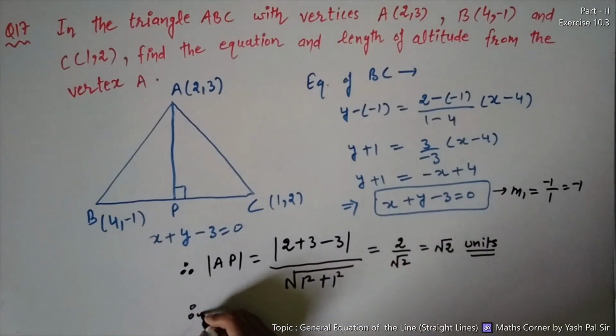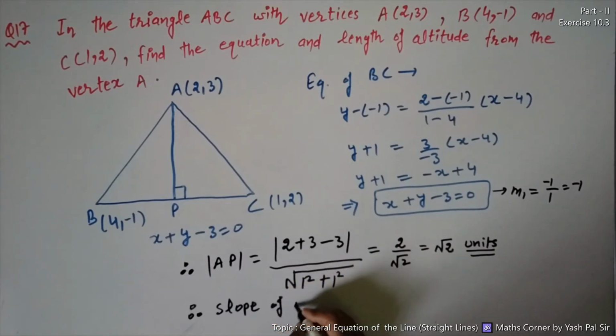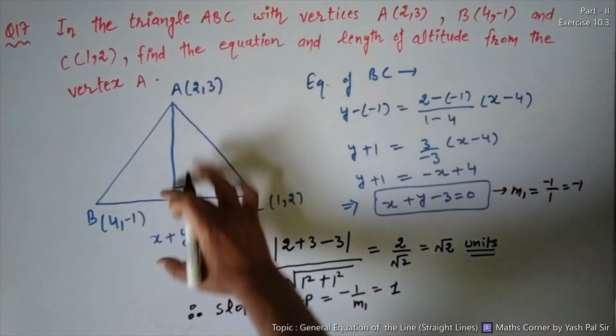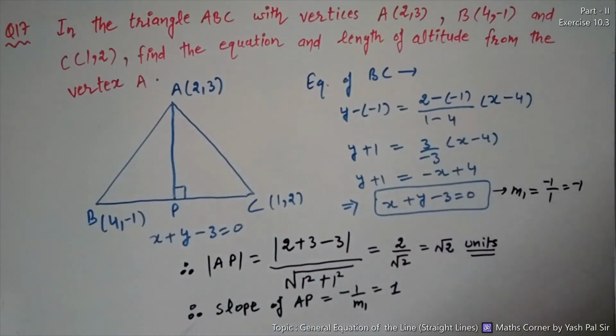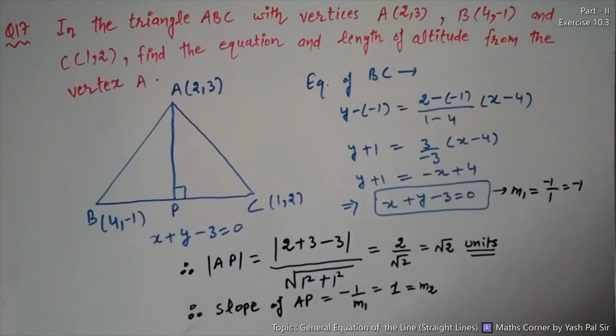Therefore the slope of AP is equal to minus 1 upon this slope m1, which is equal to 1, because this is perpendicular, so the slope will be calculated this way. This is m2, right? Now we can find the equation.